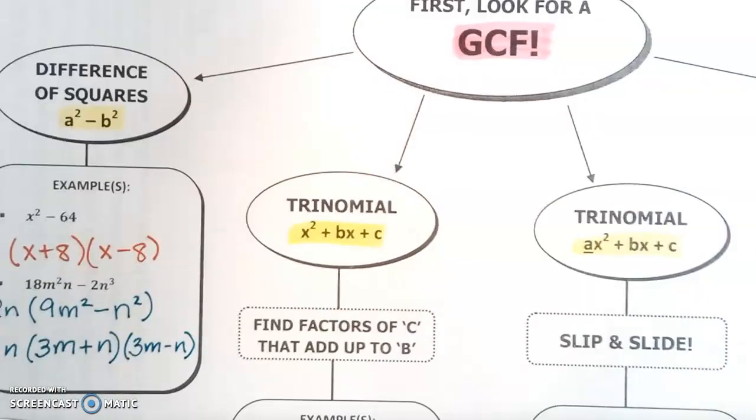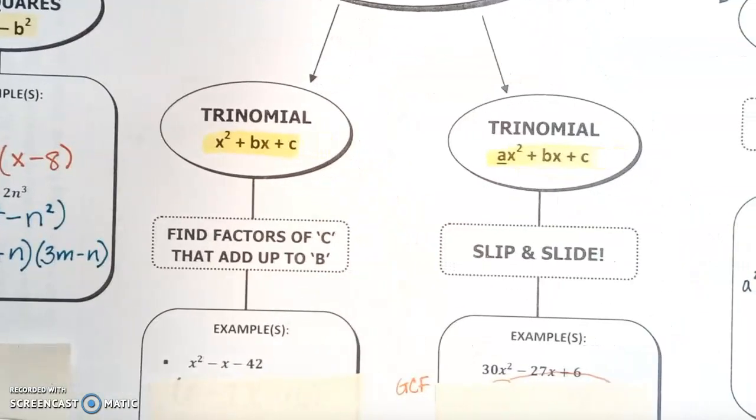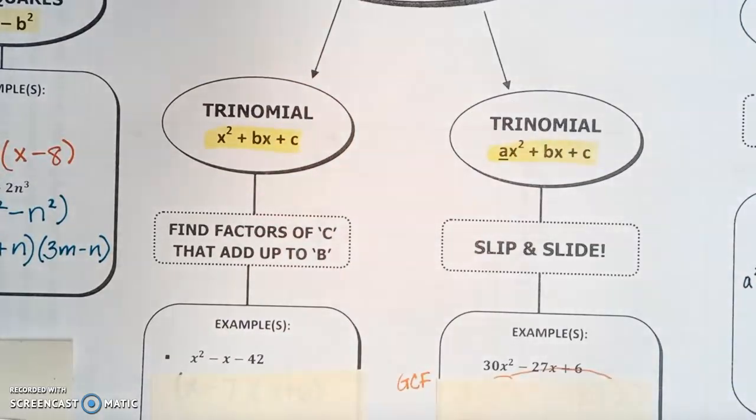All right. The second pattern is your trinomial. Notice this one's also a trinomial, but this one is going to have a coefficient other than 1. So this one is just your easily factorable trinomial.